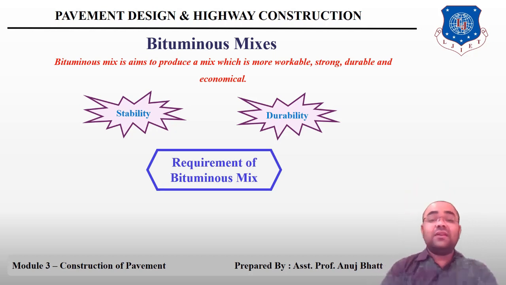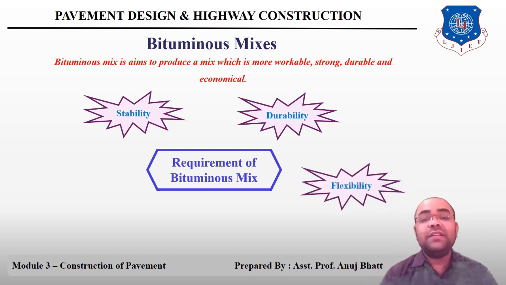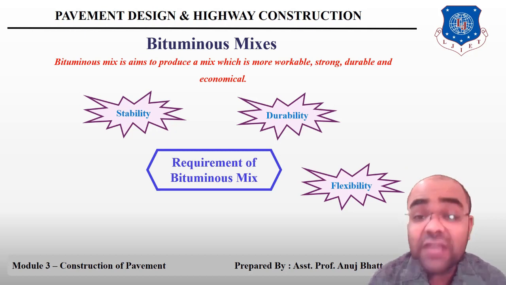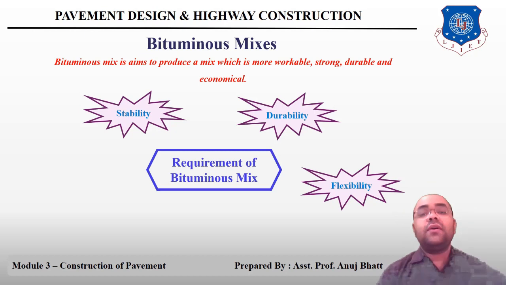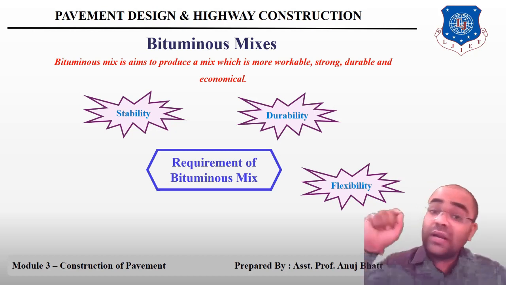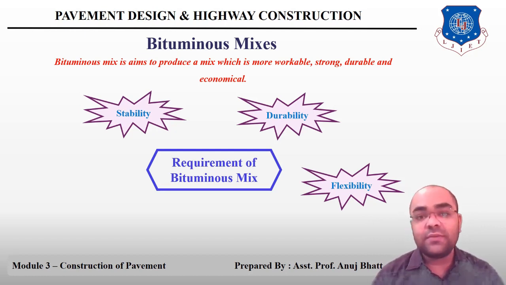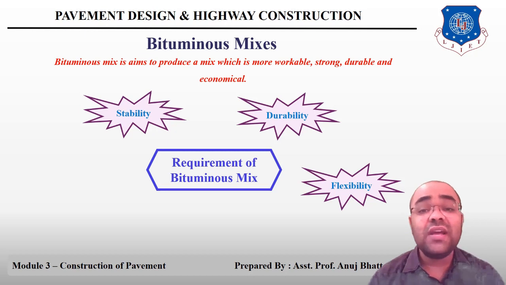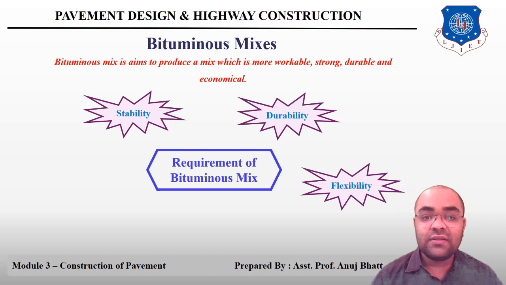Now the next requirement of the bituminous mix is flexibility. Flexibility is a measure of the level of bending strength needed to counteract the traffic load, and it prevents cracking of the surface. Fracture is the cracks that form on the surface.